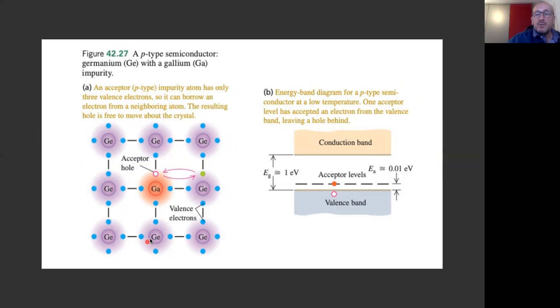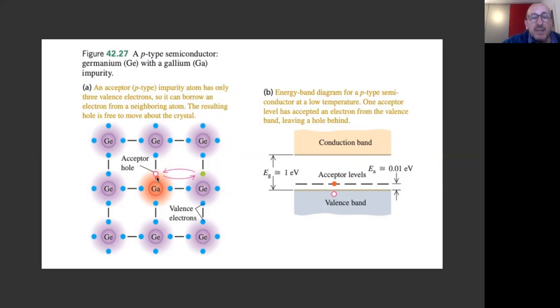So if you do something like that, you can discover how to generate a hole. Where would the hole go? The hole will go to the valence band. And how does this excitation occur? One electron from the valence band is promoted to this acceptor level.